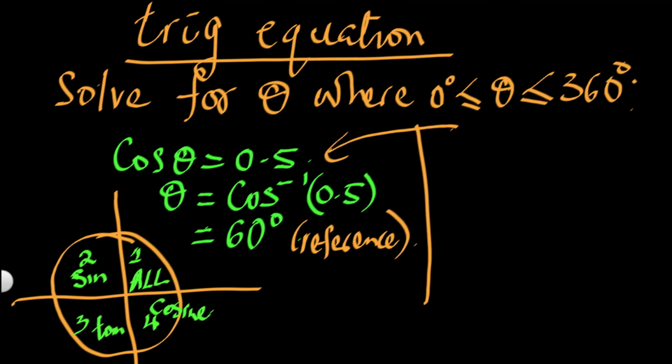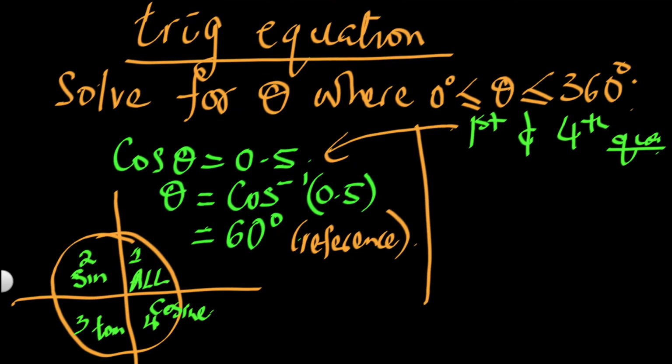Now, if we know that our cos theta is 0.5, which is positive, it means the angles that we're looking for fall in the first quadrant and the fourth quadrant. This is where we're going to get our answers. They're coming from the first and the fourth quadrant.